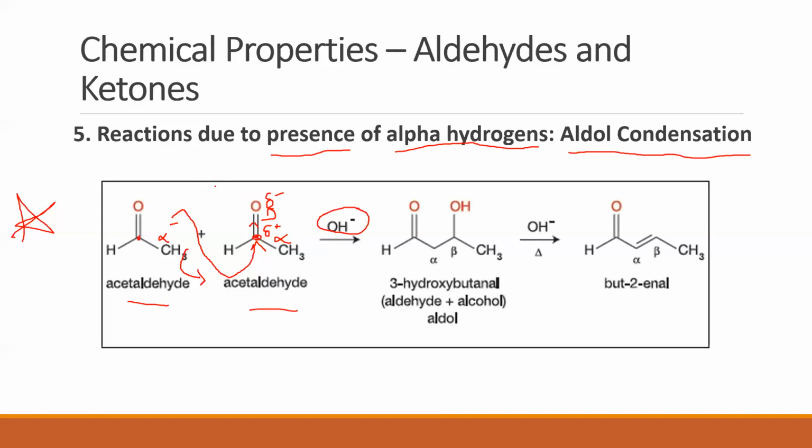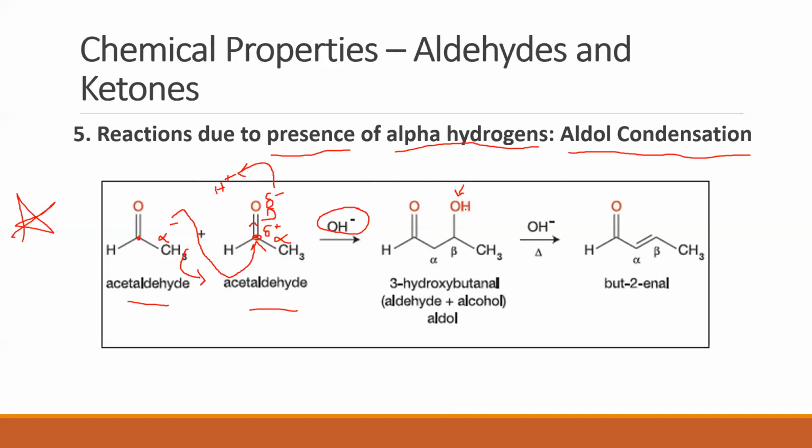And is there H plus in the solution? Yes, because we just abstracted H plus, right? Now that H plus will come and bond with this oxygen. Clear? So the H plus that is there will come and bond with this oxygen to form the OH as indicated here.